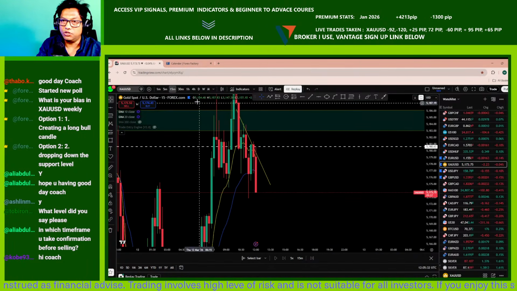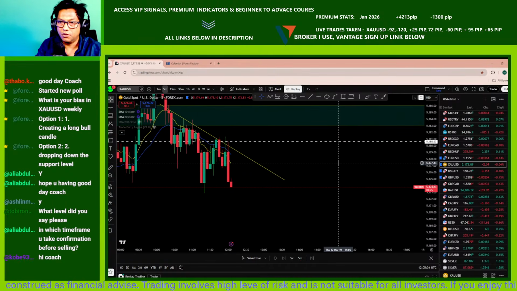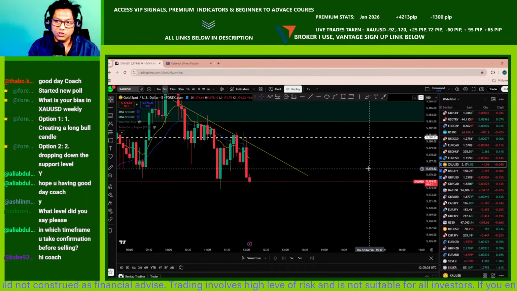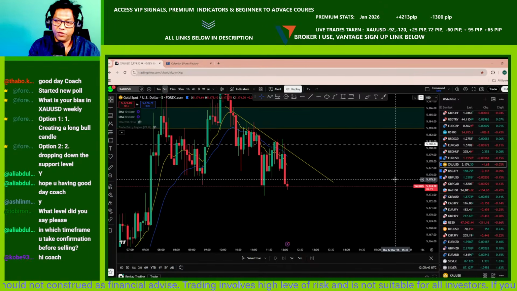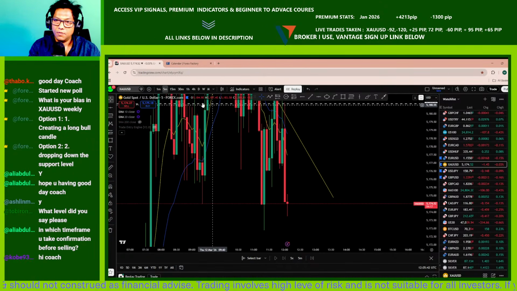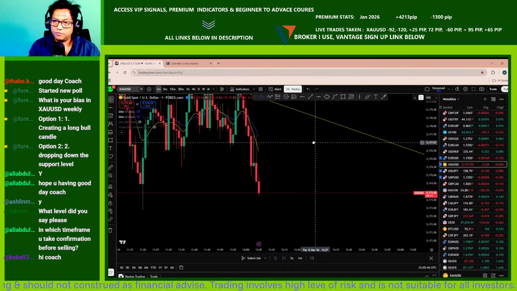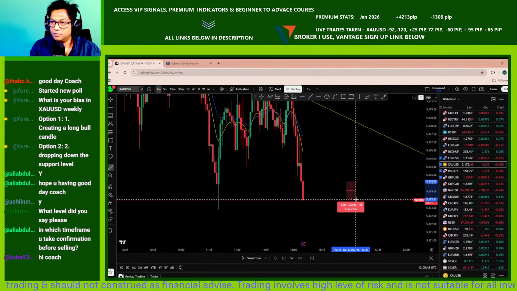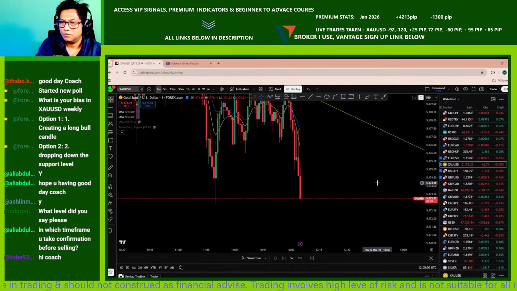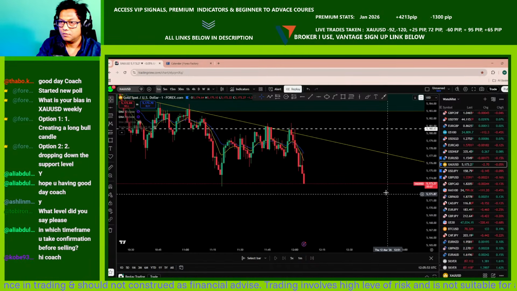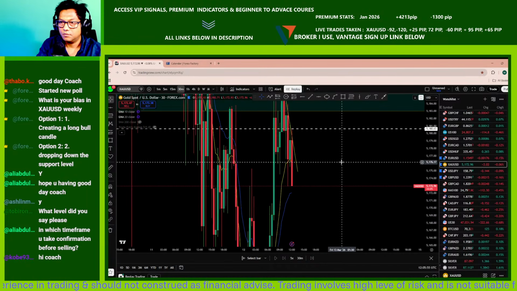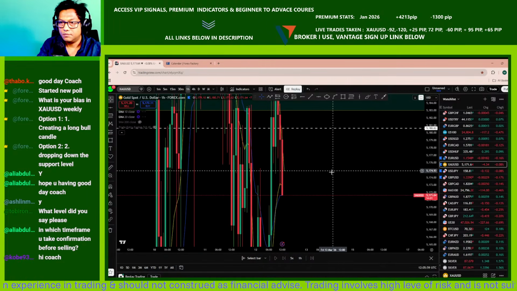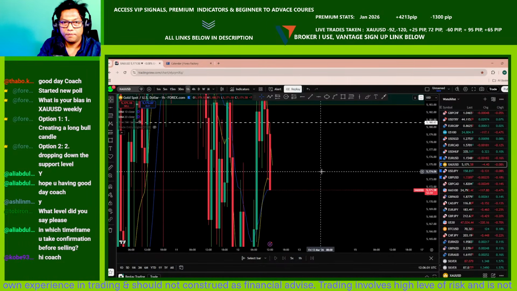Now the previous entry also you had the same way. This is what we need to look at when we are opening position, the stronger rejection of the key level. Significant drop.